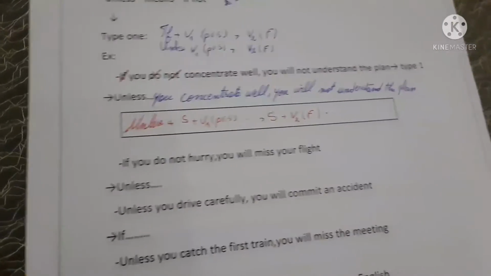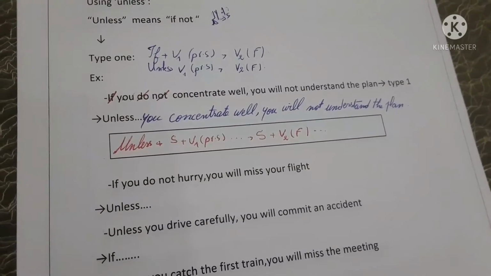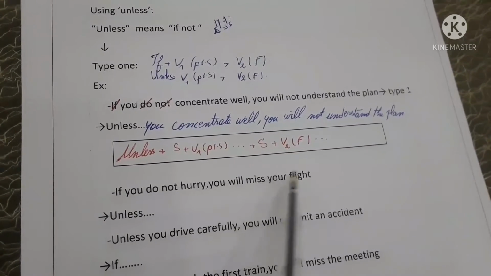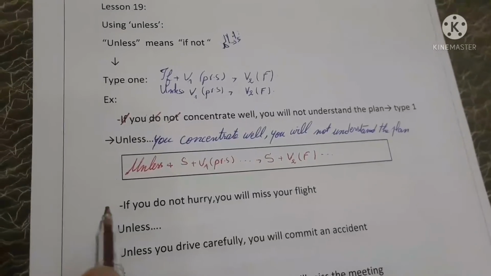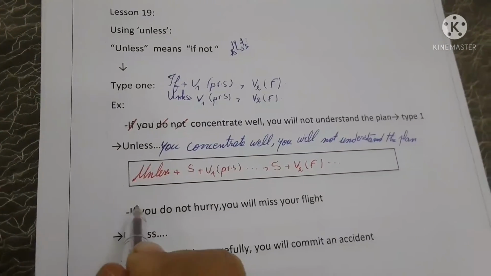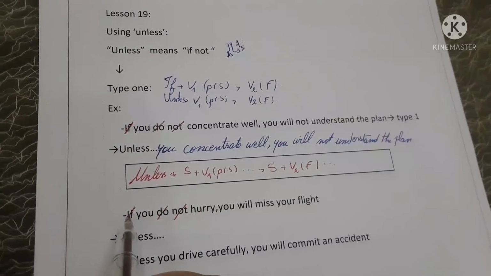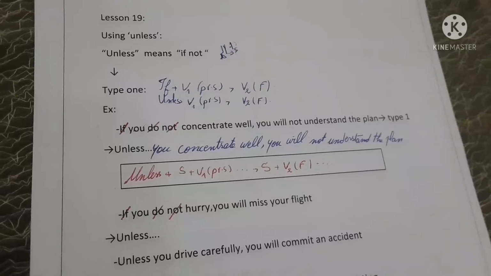Let's say other sentences. If you don't hurry, you will miss the flight. Starting by unless, what do we do? The same thing like number 1. We omit if and we omit the negative.